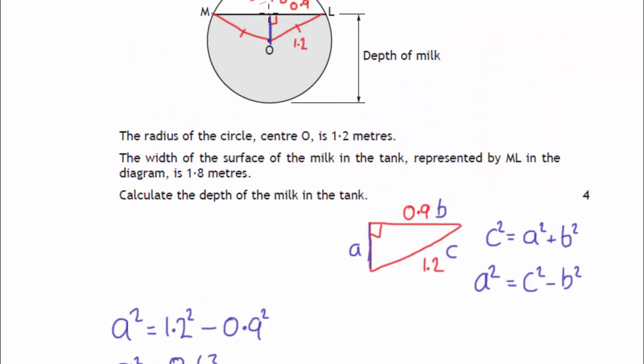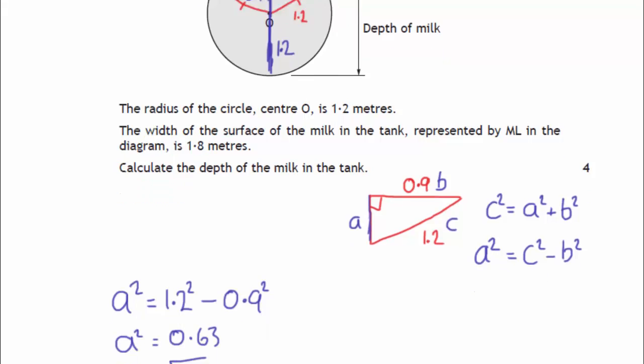That's not the full depth of the milk. The full depth takes you all the way down to the bottom. We know the radius is 1.2, and we know this side is 0.79, so we just add them together for the whole depth.